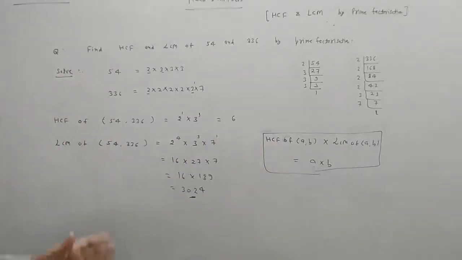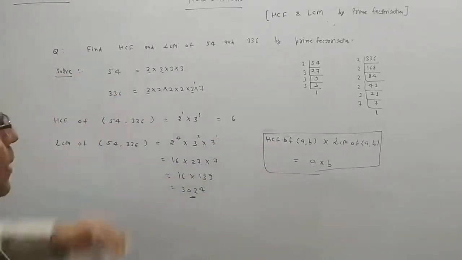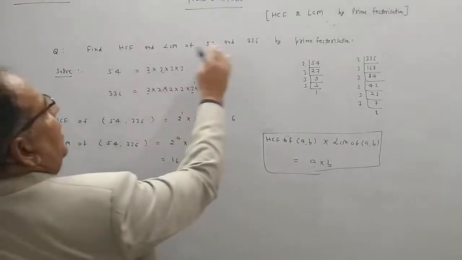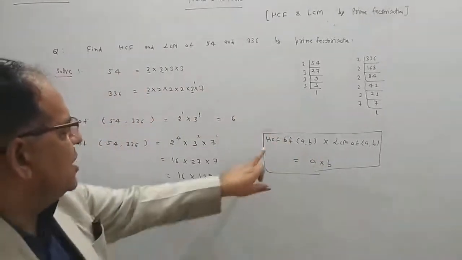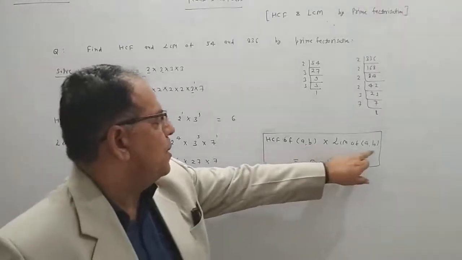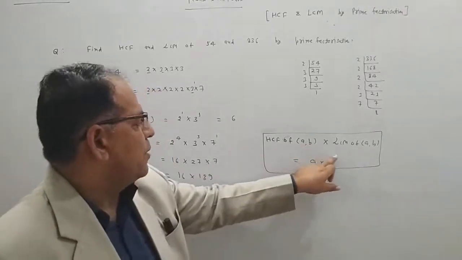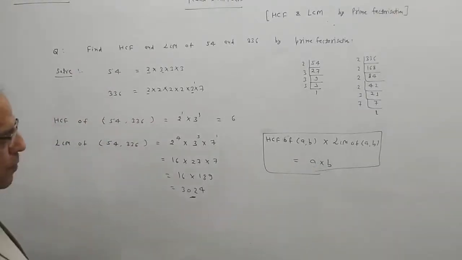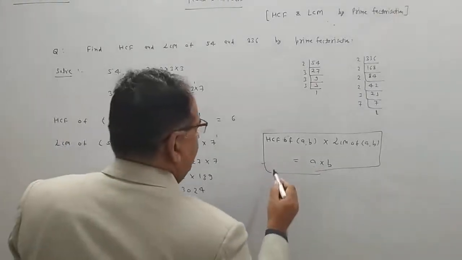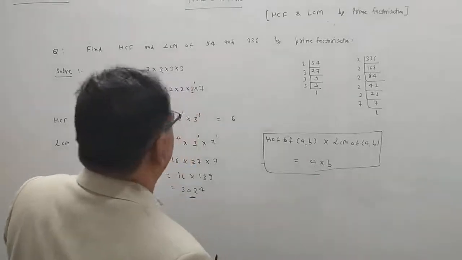Some questions can be asked by you: find the HCF and LCM and verify this equation. HCF of the given numbers into LCM of the given numbers is equal to the product of these numbers. So we take some problems based on this type of formula in the next topic.